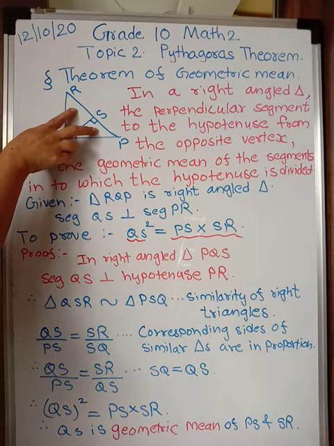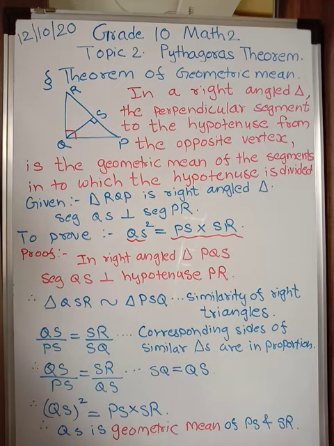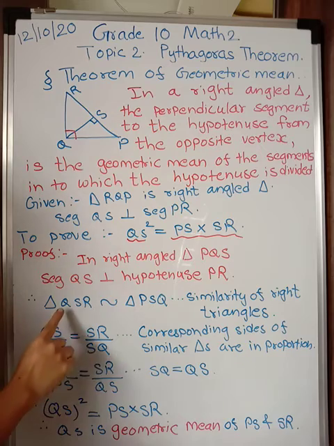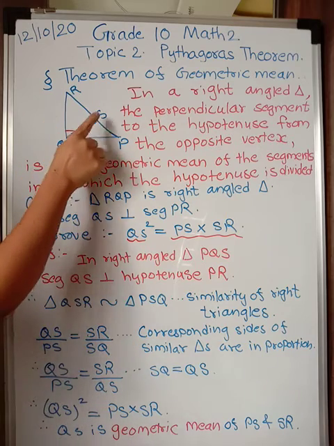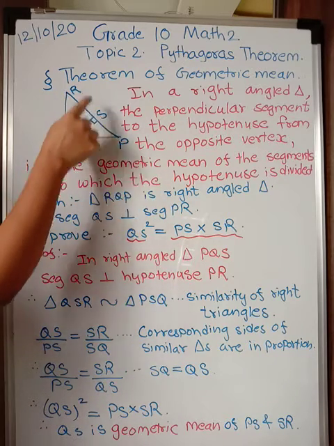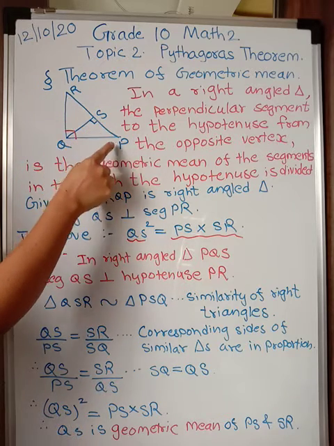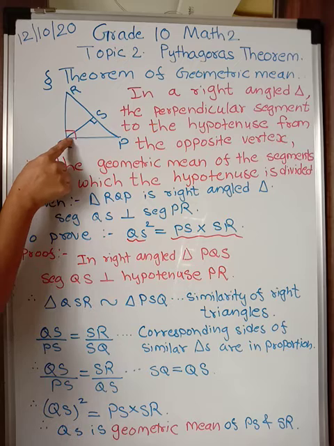In right angle triangle PQS, you know that QS is perpendicular to PR and therefore we know that these two triangles will be similar. Just before this we have seen similarity of right angle triangles. So by similarity of right angle triangles, I have written triangle QSR is similar to triangle PSQ.